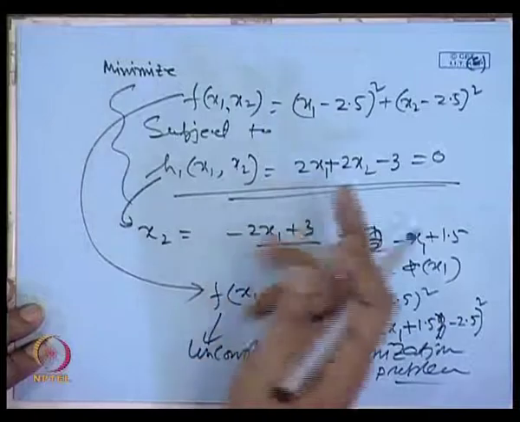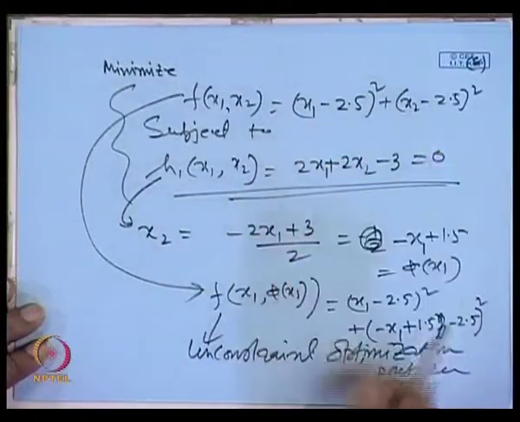Similarly, if an inequality constraint is there, I have just mentioned how to convert it into an equality constraint and then proceed in the same manner. So, next class we will discuss the more general case, inequality constraints along with equality constraints, and how to convert a constrained optimization problem into an unconstrained optimization problem. Thank you.